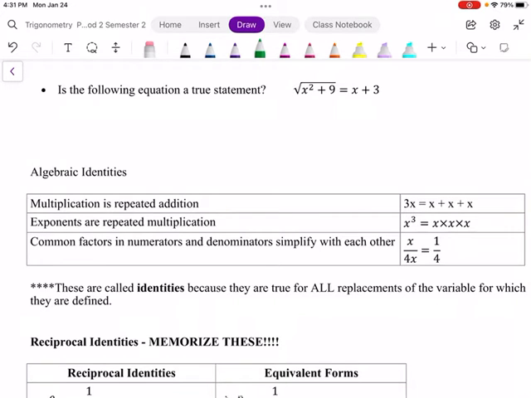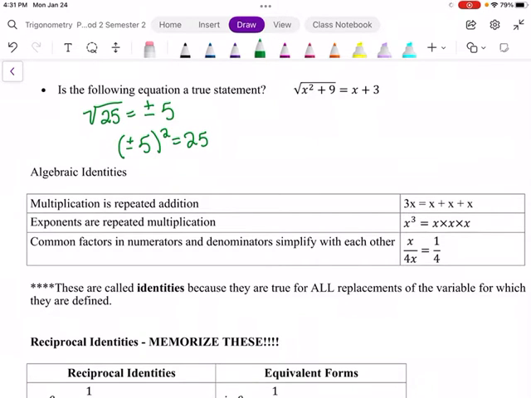Now remember, the square root means you're finding a number that multiplied by itself equals what was underneath the square root sign. So as an example, if we took the square root of 25, we know that equals plus or minus 5, because if we were to square either of those, it equals 25.